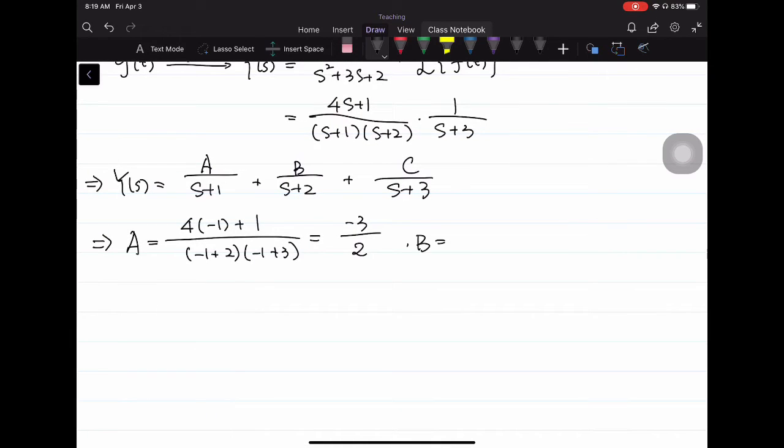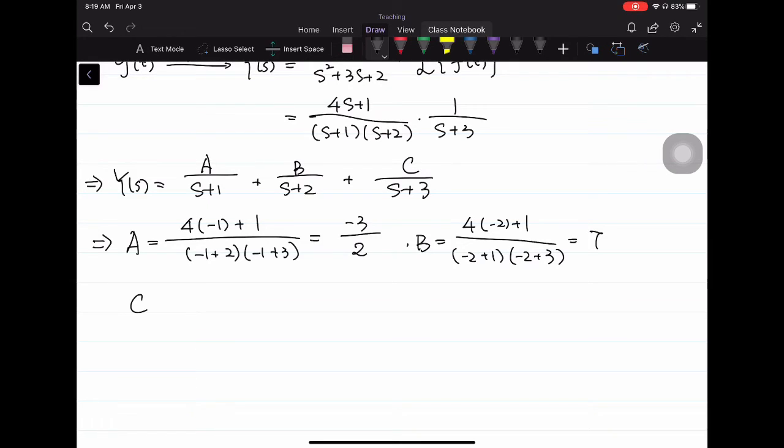B will be similar, 4 times negative 2 plus 1 over s plus 1, s plus 3. In this case, doing the calculation, we have B equal to 7. Since it's negative 7 on top and negative 7 in the denominator.